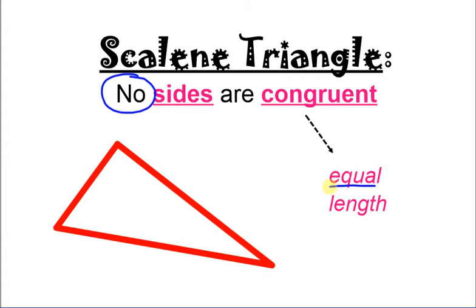And remember, congruent means an equal length. So something that has the exact same measure, so 8 inches and 8 inches. But in a scalene triangle, none of these are going to be equal. And so, for example, this might be 4 meters, this might be 11 meters, and this might be 13 meters.